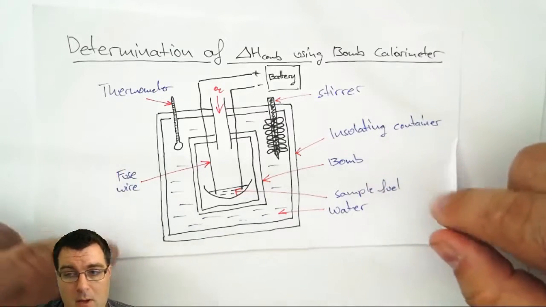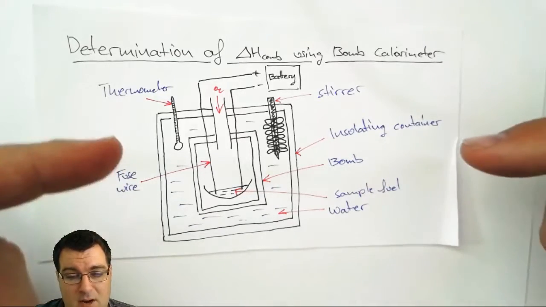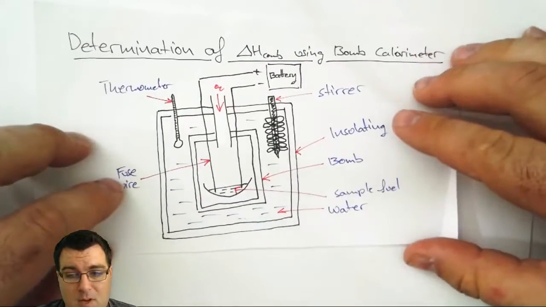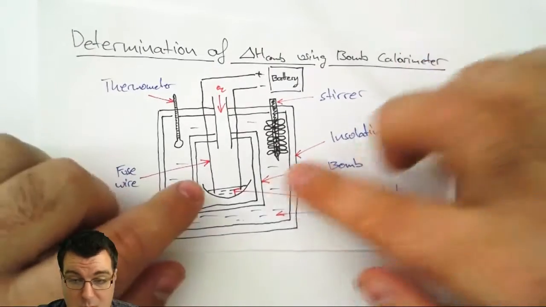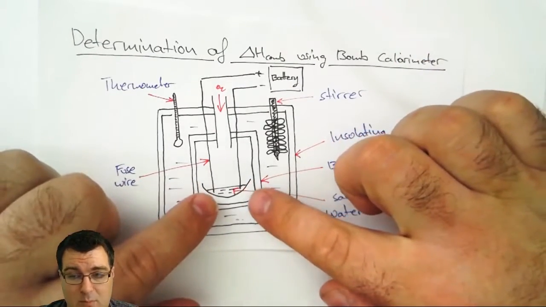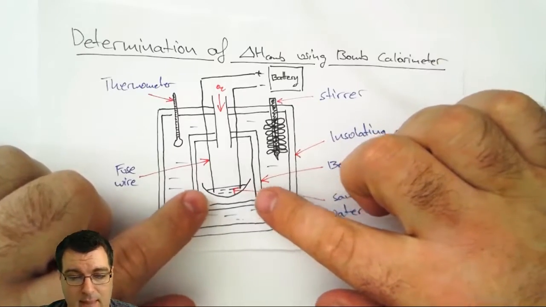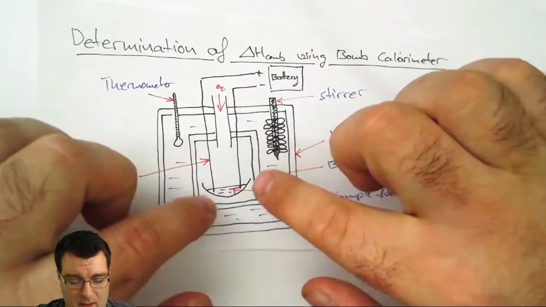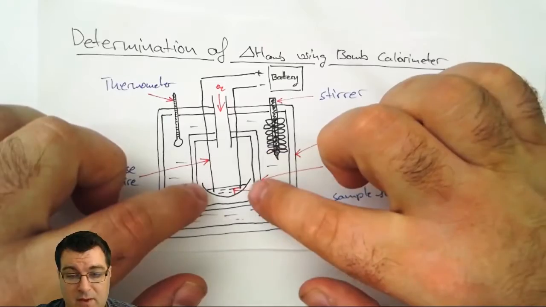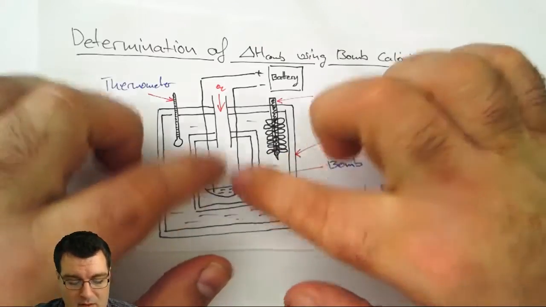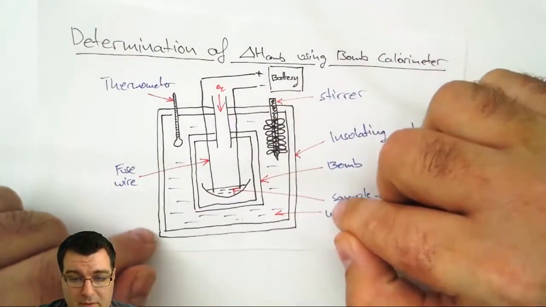Now, a bomb calorimeter has the following general layout. We have our central bomb, which holds our sample. That'll be ignited using, typically in the case of a liquid hydrocarbon fuel, an electrical source, possibly from a battery.